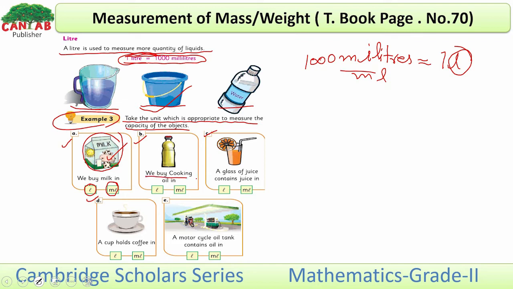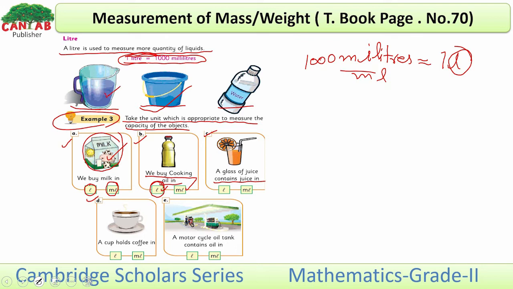Similarly, we buy cooking oil in ml or L. In both we can buy it in ml and liters. Usually we buy it in liters. Similarly, a glass can contain small amount of juice other than the jug.